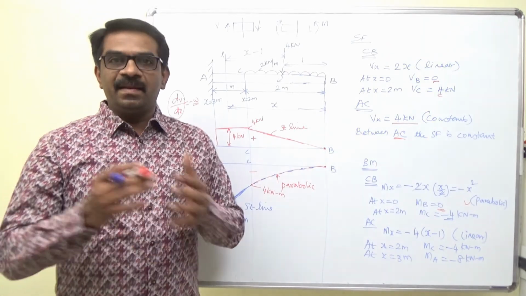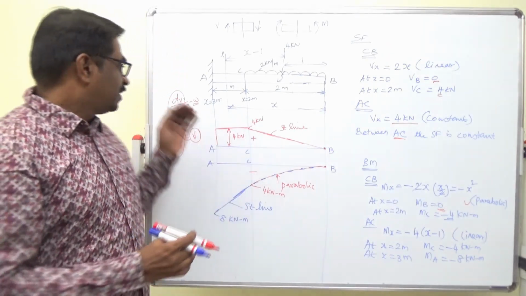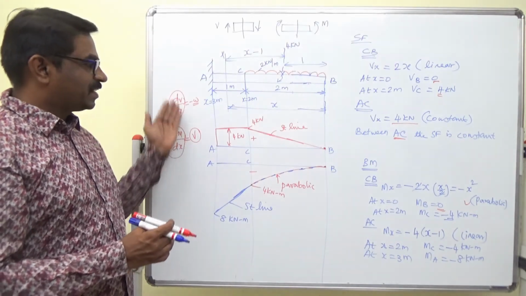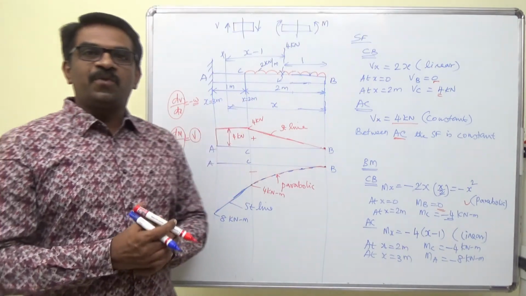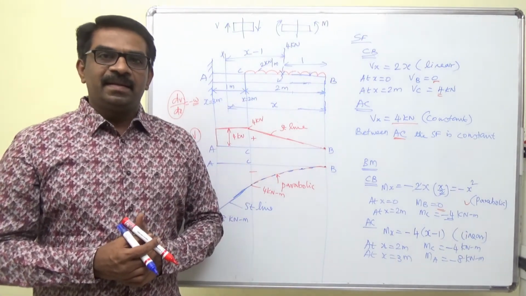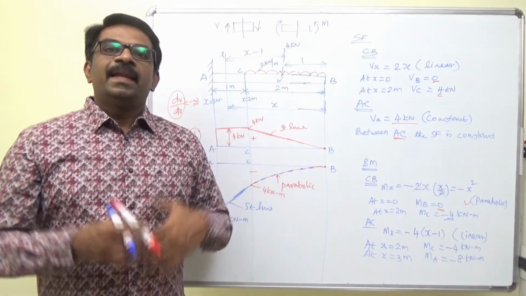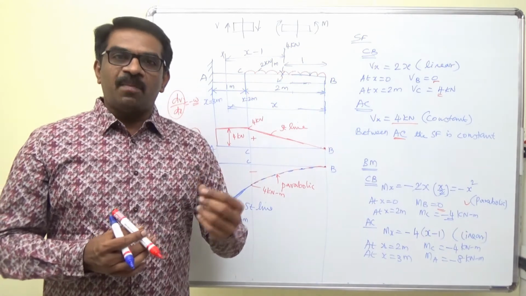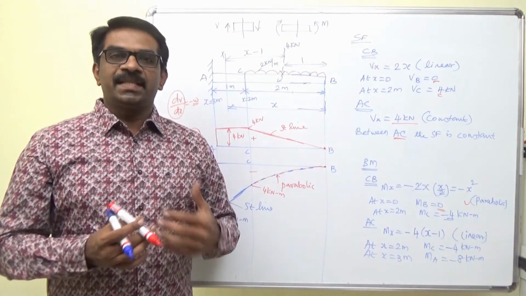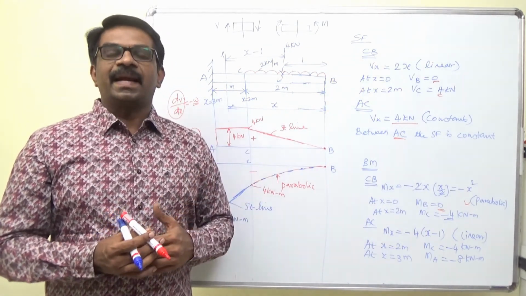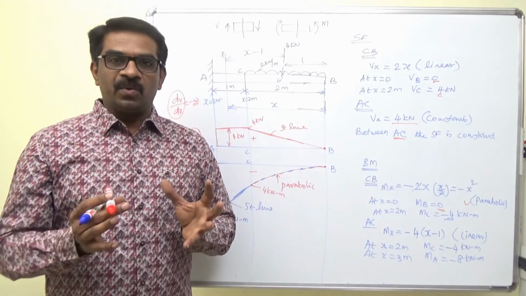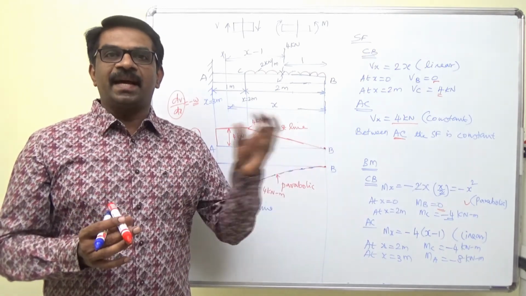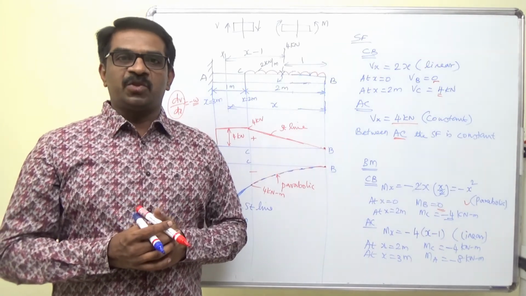And then you have understood, using these relations, how to draw shear force and bending moment diagrams. Next video, we will solve a little more complex problem, which is a cantilever beam carrying combined loads, that is point loads and uniformly distributed load.